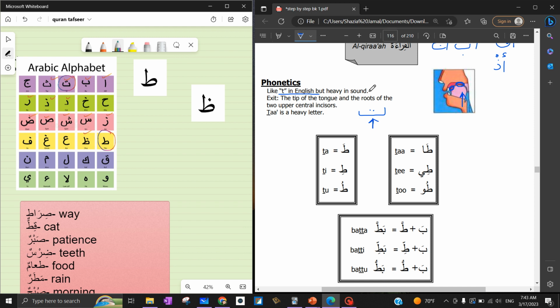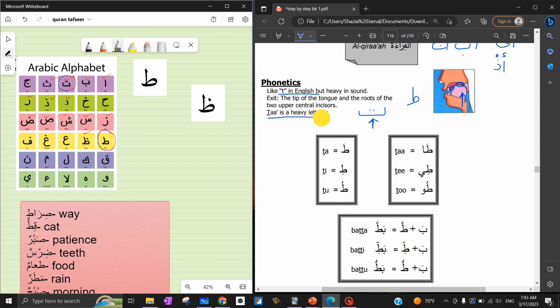It's not exactly like an English T. Then the tip of the tongue and the roots of the two upper central incisors are the makhraj of the heavy ta. The only difference is you need to raise up your tongue from the root of your tongue.